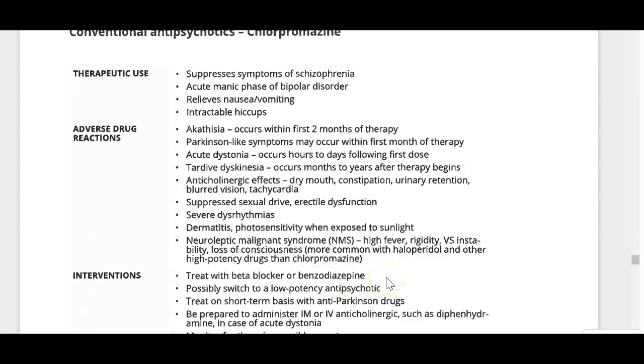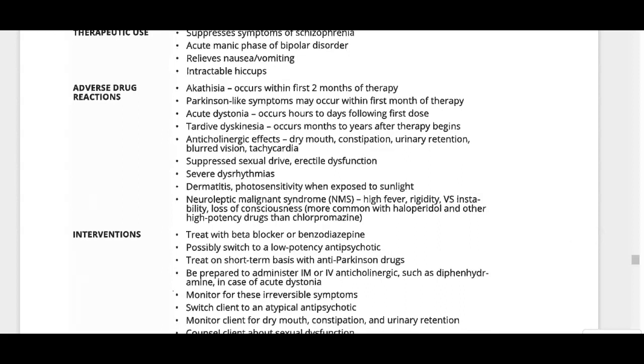So how do we treat tardive dyskinesia? Actually, tardive dyskinesia is irreversible. So how do we treat early signs of akathisia or Parkinson's-like symptoms or acute dystonia? We can treat them with anticholinergic drugs, for example, diphenhydramine, which is Benadryl, and Benadryl can help reverse the effects of the dystonia.